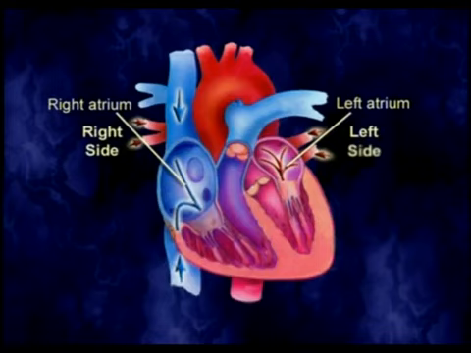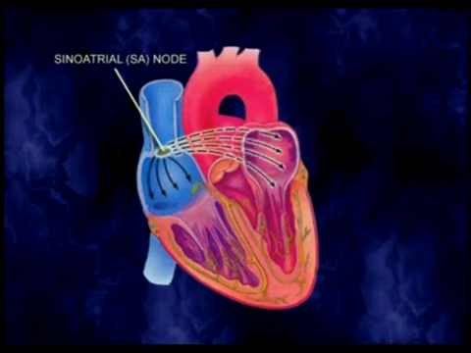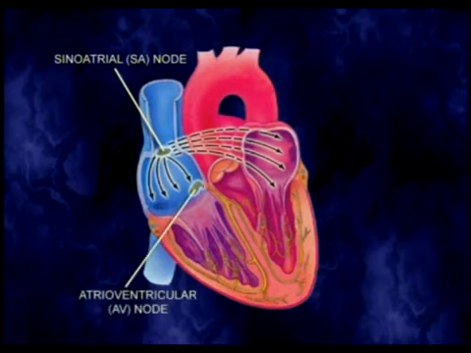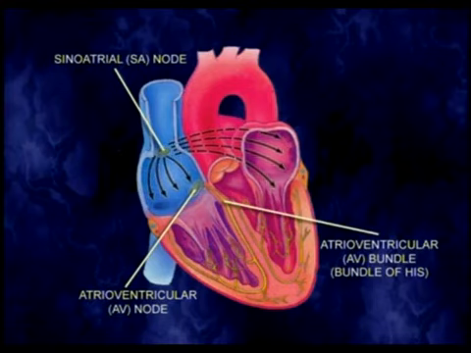It starts up here in the sinoatrial node and propagates, meaning every millimeter along the way passes along in a coordinated way down the atrium and into ending up here at the atrioventricular node.